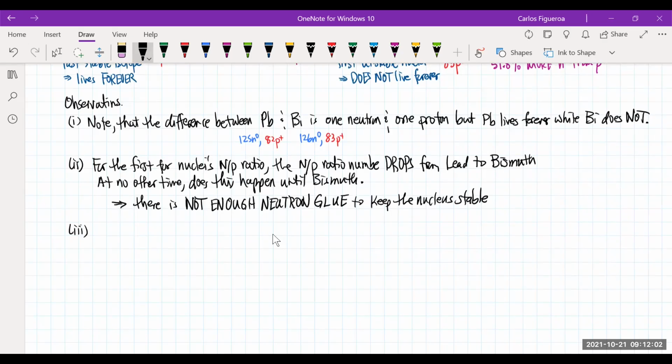When one differentiates between a stable and an unstable nuclei, the water just gets murky.